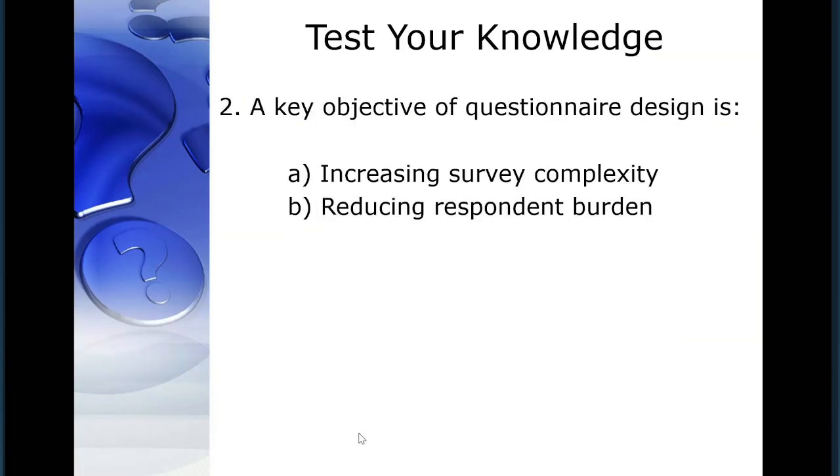Similarly, a key objective of questionnaire design is increasing survey complexity or reducing respondent burden. It is reducing respondent burden.